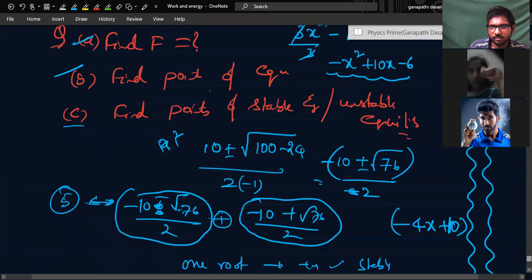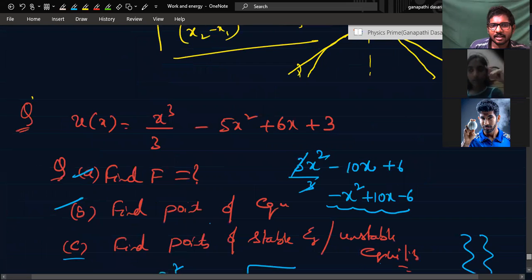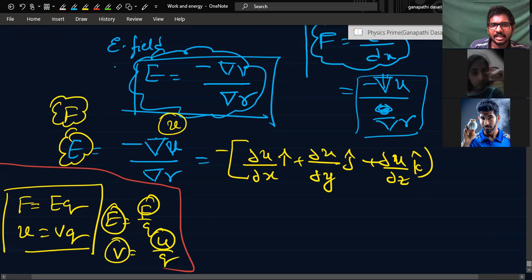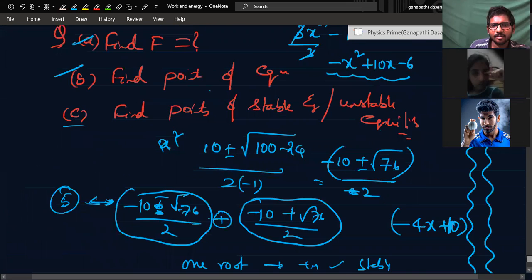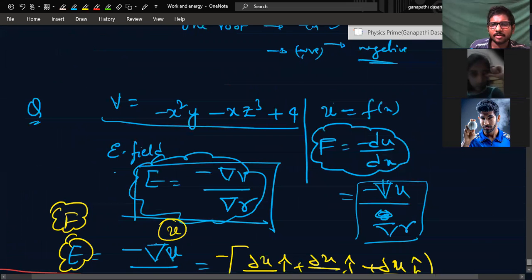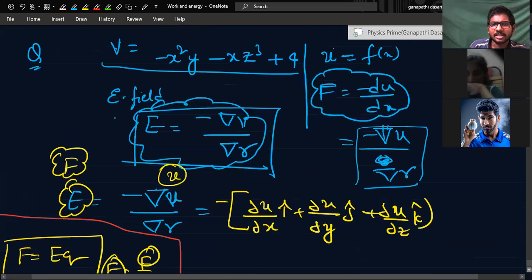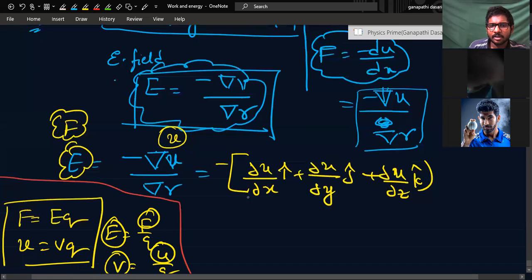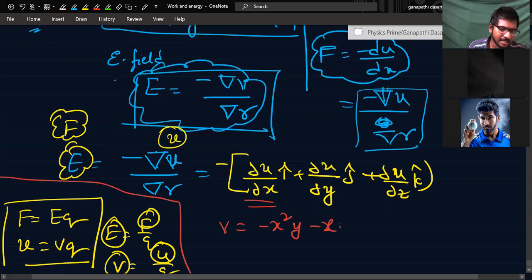You see here. What is the question I gave? V is equal to minus x squared y minus x z cubed plus 4. So you can solve it or not? Differentiate with respect to x.